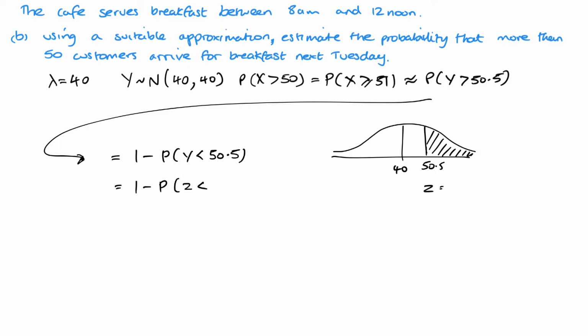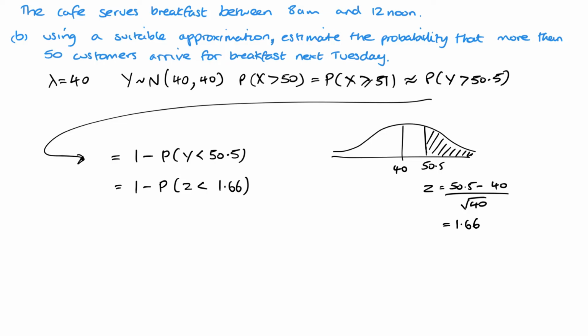So over here we've got our 50.5 minus 40 over the square root of 40. Obviously, if you were going to put it in the question, just put that straight in here. Or like I'm going to do is I just put that value in. And this value is going to be 1.66, which I will pop there.